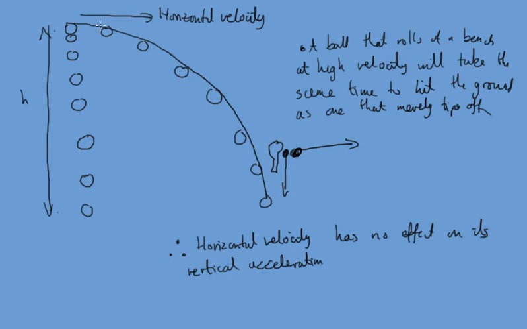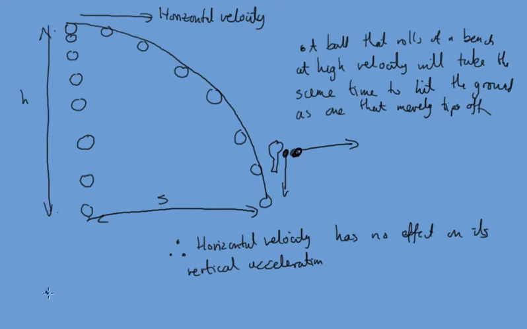The horizontal velocity will determine the distance it travels. For example, with our ball falling off the table, the horizontal velocity will determine the distance that it goes in the horizontal direction. Obviously, with a higher velocity, it would go further in the time it takes to drop down the vertical.